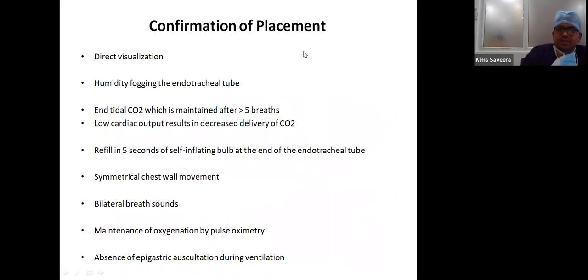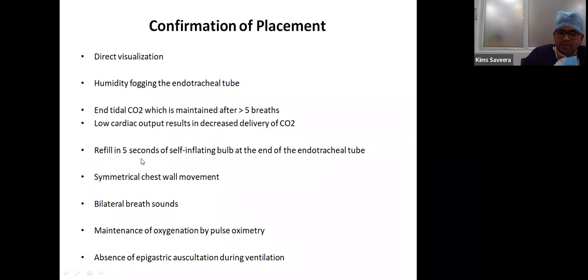After intubating, confirming the placement of the tube is much more important. Confirmation is by direct visualization of the cords, or fogging or humidity in the endotracheal tube. If we have end-tidal CO2, it should be maintained after greater than 5 breaths. In a low cardiac output state, there may be decreased delivery of CO2.